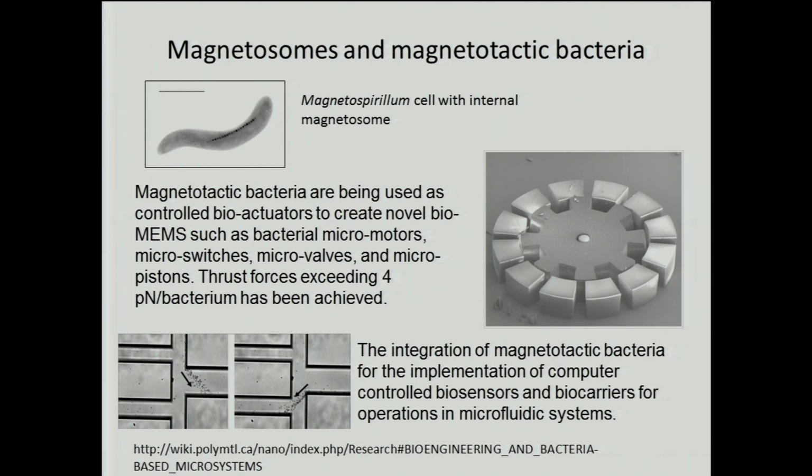Magnetotactic bacteria. There are some bacteria which are influenced by a magnetic field. I was on a PhD committee of a student who was using these magnetotactic bacteria for lithography, for fabrication of a circuit.